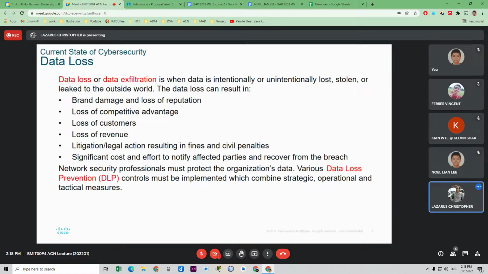Right. So we use network security professionals to protect our organization from any of this, right? Normally the implementation combines strategic, operational, and tactical measures.